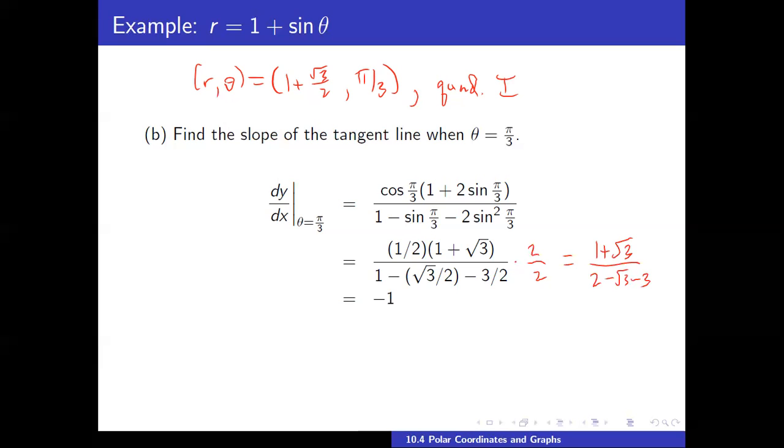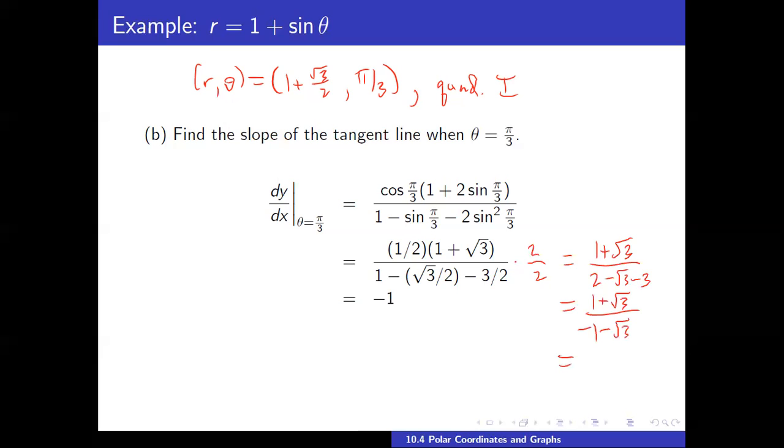Because it's going to be 2 times 1 minus 2 times that. And what's 2 minus radical 3? What's 2 minus radical 3? Minus 1. So that's going to be minus 1 minus radical 3.